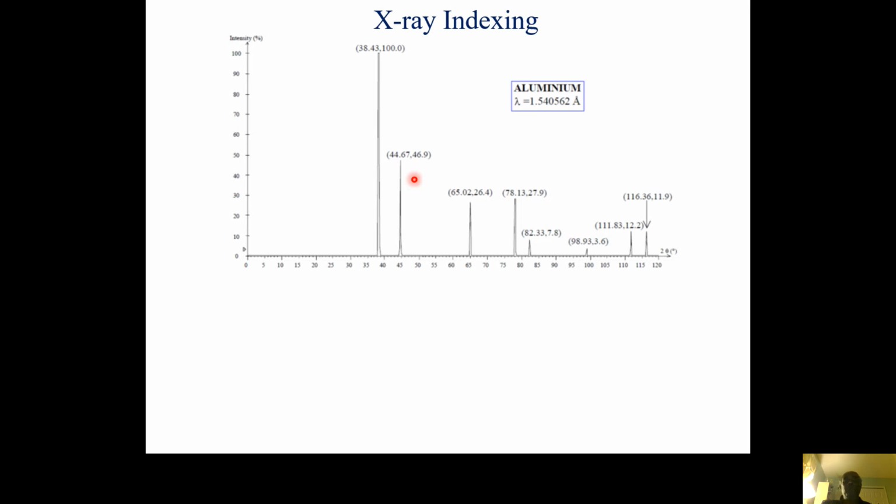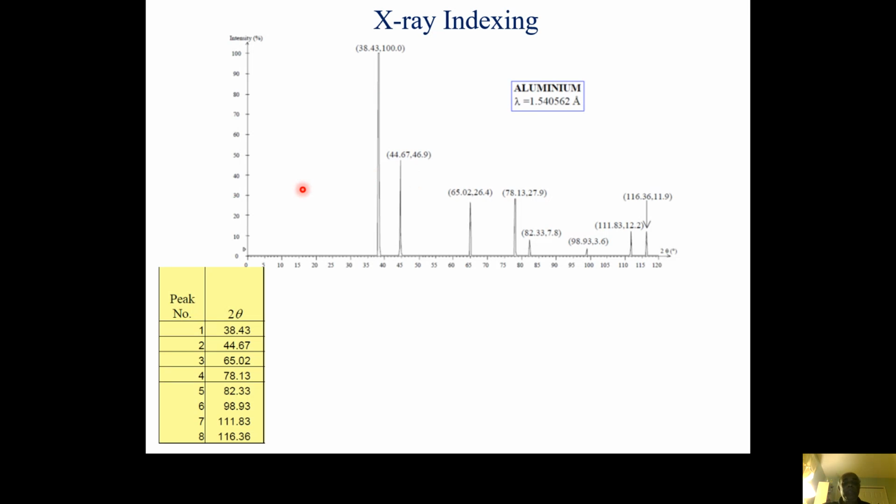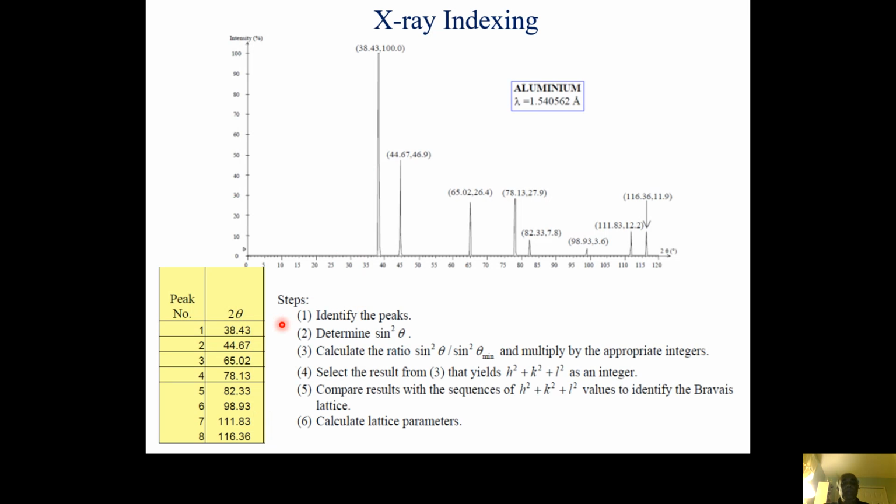What do I do? First, I need to make a table of these 2 theta values. I put the first peak at 2 theta of 38, the second peak at 44, just like this. Then I need to calculate theta, so I just take half of that. Then what is important is sine squared theta.